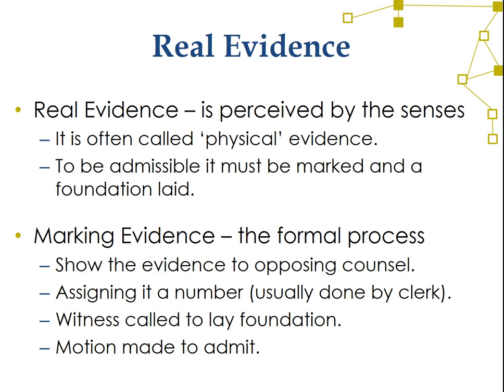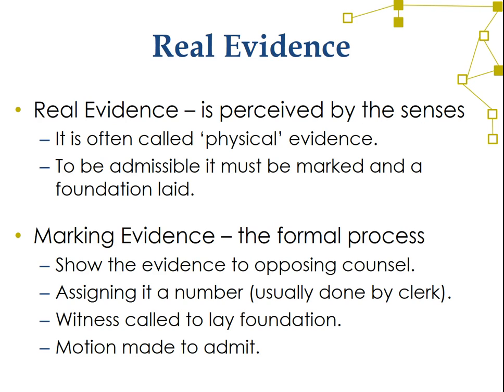And the formal process of marking evidence has 4 steps, and it could be a little bit different from department to department, and maybe even state to state, but for the most part it's going to go like we're going to talk about. So first, the item must be shown to opposing counsel before testimony about it is introduced. Now, this gives the attorney a chance to see what it is to be discussed and form appropriate questions.